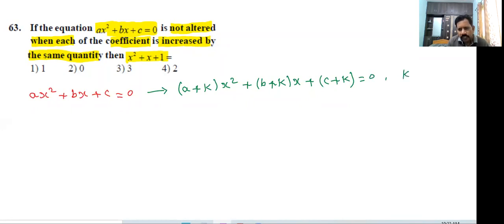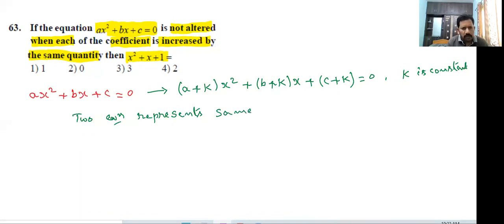K is a fixed constant. K is constant. Okay. Now these two equations represent the same equation.